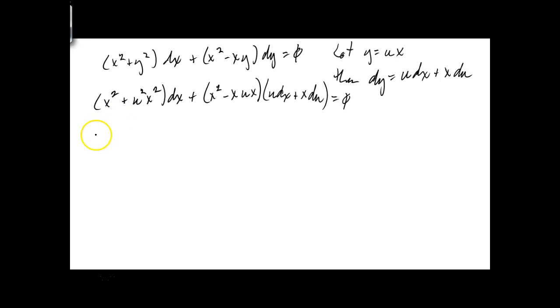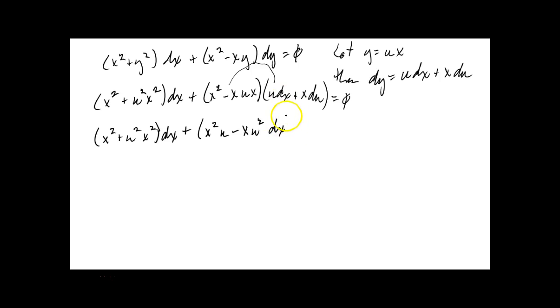So what this becomes, I'm going to write it out in gory detail the first time. After this, I'll probably skip steps like crazy. X squared plus u squared x squared dx plus, now I'm going to do this thing times that. X squared u minus xu squared dx, right?